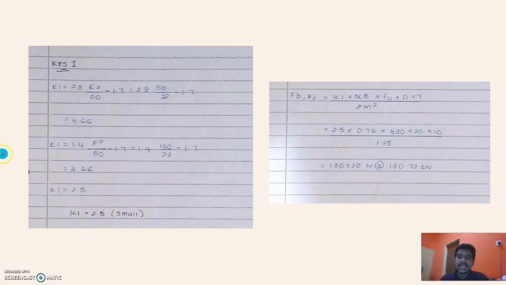And after we get k1, we go to Fb,Rd. The formula is Fb,Rd equals k1 times alpha b times fu times d times t over gamma M2.